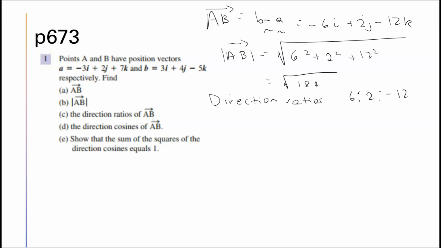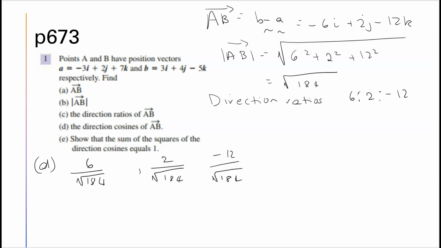D, we need to find the direction cosines. So the first one would be 6 over, well, we've already worked it out, square root of 184. The next one would be 2 over root 184. And the last one would be -12 over root 184.